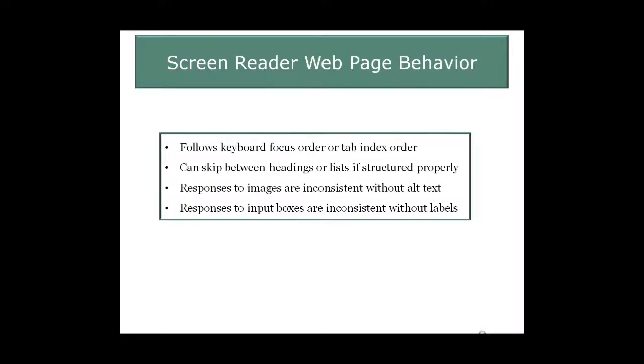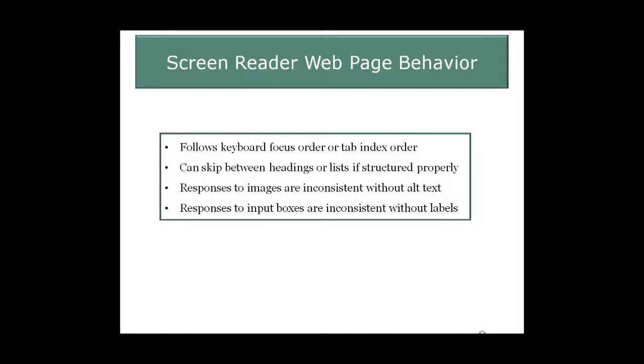Before moving on to the web page demo, I wanted to talk for a moment about how screen readers access web pages in general. Screen readers look at the underlying markup language rather than what the human reader is seeing. This means four things. First, it follows the keyboard focus order or the tab index order.